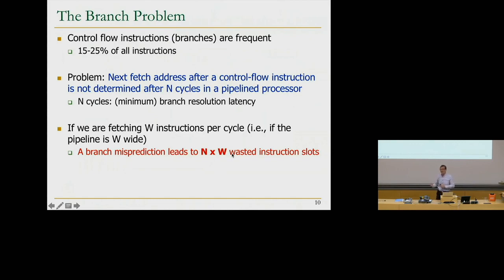For example, if you have a 5-stage pipeline, the branch resolution latency is 4. At the 4th stage, at the ALU stage, you figure out whether the branch is taken or not taken. And if your pipeline width is 3, in that case, n is 4 and W is 3. Basically, you fill the pipeline with 12 wrong instructions.